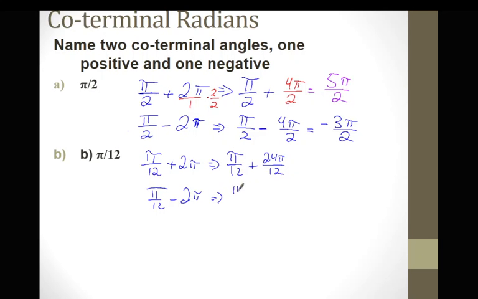And then I'm going to take pi over 12 and subtract 24 pi over 12. If you have 24 pi's and you add another pi, you have 25 pi's over 12. If you have 1 pi and you subtract 24 pi's, you get negative 23 pi over 12. That's the way it works.